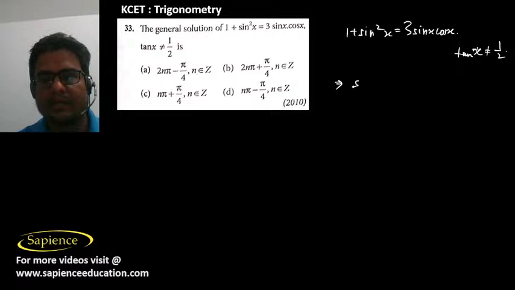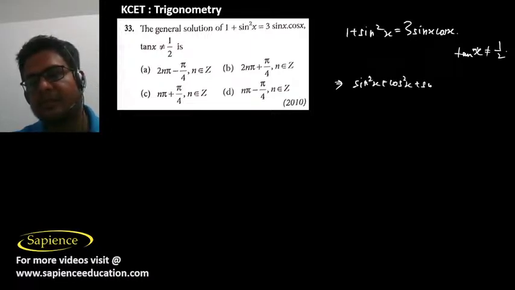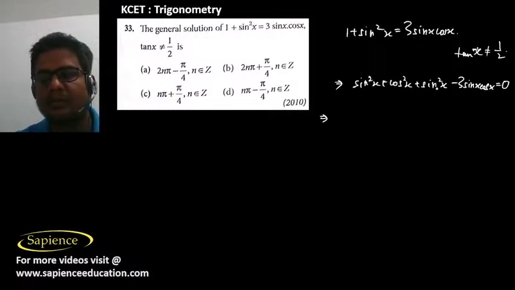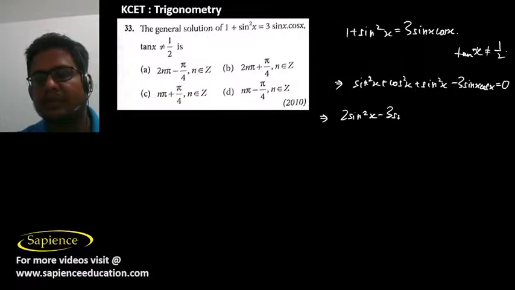So this one I can write as sine square x plus cos square x plus sine square x minus 3 sine x cos x equal to 0. So now from here we can write 2 sine square x minus 3 sine x cos x plus cos square x equal to 0.